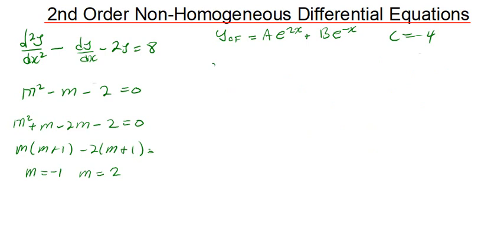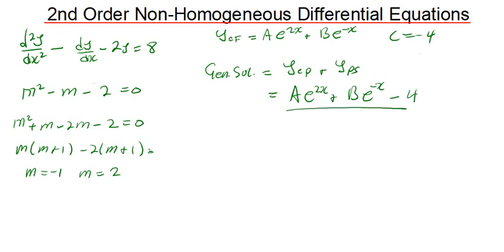Our general solution is equal to our complementary function plus our particular solution. So the general solution is A e to the 2x plus B e to the minus x, minus 4.